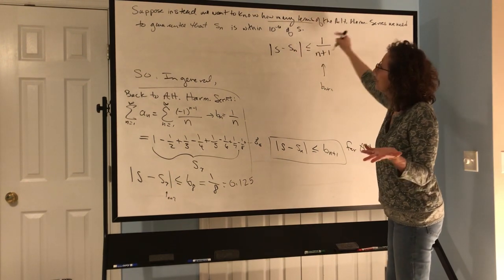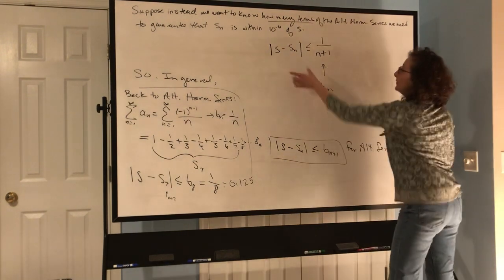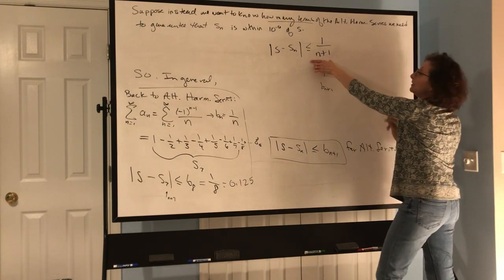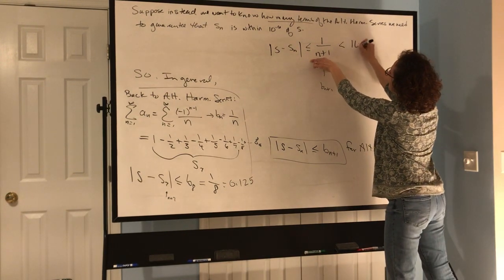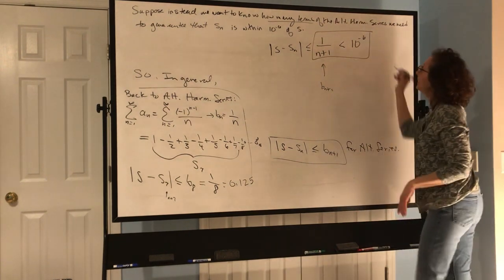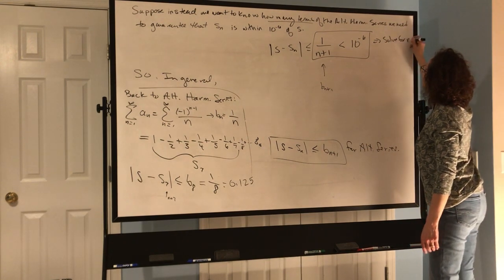This is the distance between the actual sum and the nth partial sum. So if we know it's less than this and we want it to be less than 10 to the negative 6, then we just force that to be less than 10 to the negative 6. And now do what with this? Solve for n. This one isn't so hard to solve for n.